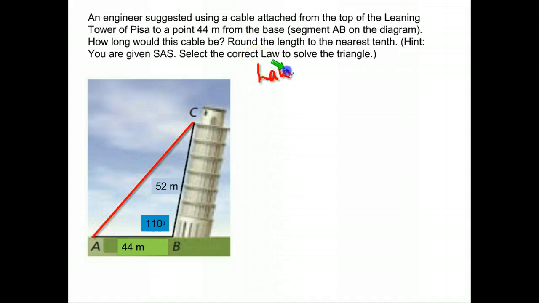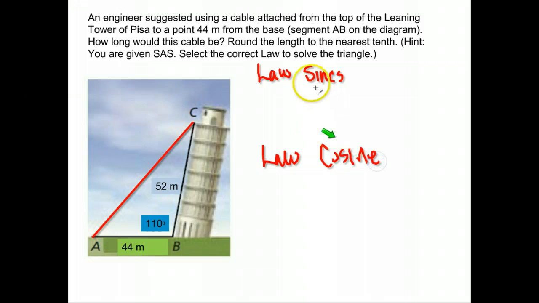Okay, so we had two different laws that have been introduced to us. We had the law of sines and the law of cosines. Law of sines is used with more situations than the law of cosines. The law of cosines is only used when you have SAS or SSS, two sides and the included angle, or just all three sides of the triangle.